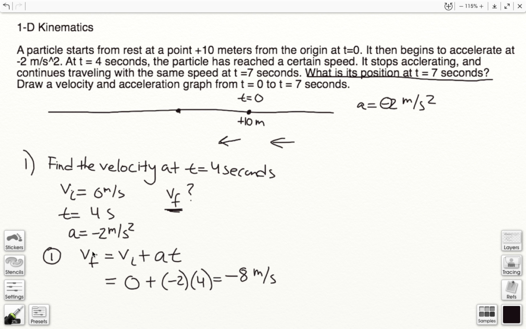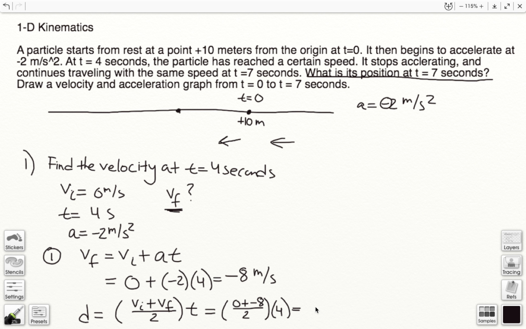Another thing I want to do is find the displacement during this time. Here I can use another kinematics equation. Displacement is equal to my initial velocity plus my final velocity over 2, times time. So I'm going to have 0 plus -8 over 2 times 4 seconds.